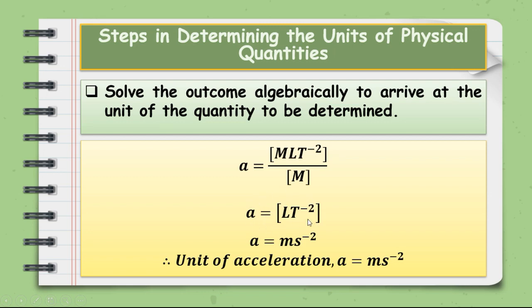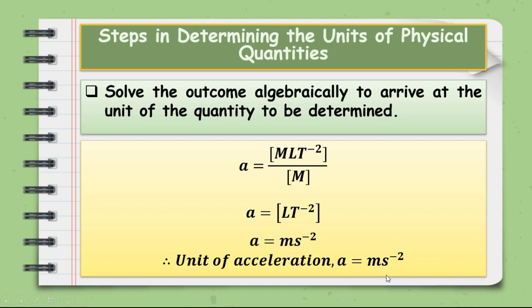From here, we are supposed to write units, not the dimensional equation. Out of the dimensional equation, we deduce the unit. L is length and it has the unit meter. T is time and has the unit seconds. Then exponent minus 2. Therefore, from here, you can say that the unit of acceleration a is meter per second squared.